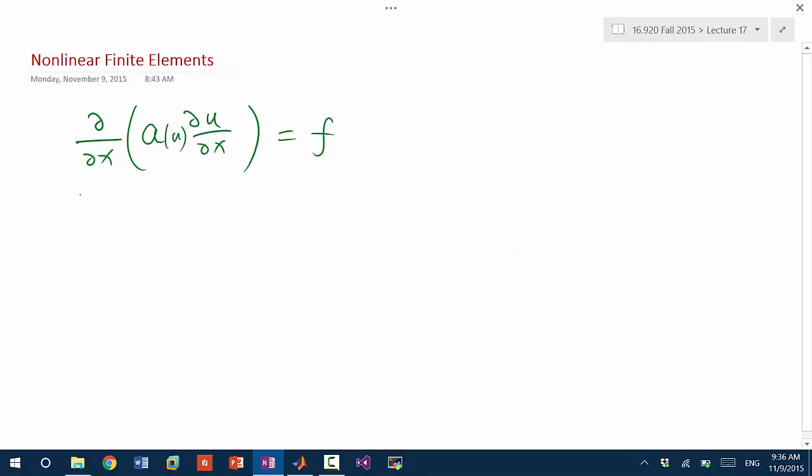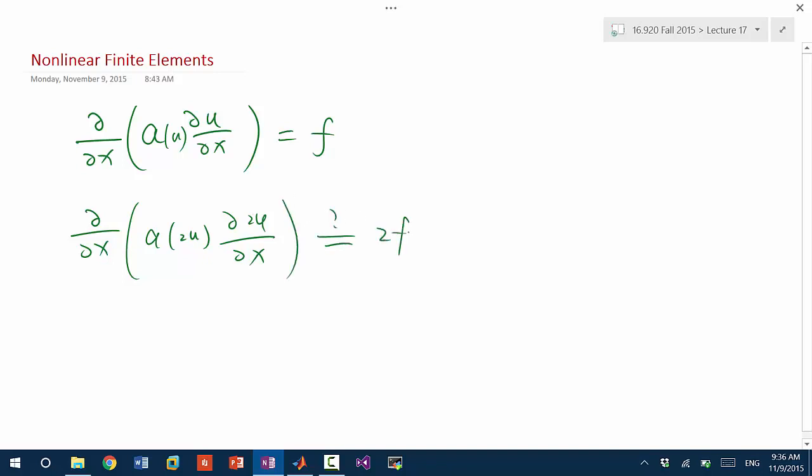It doesn't satisfy because if we have a constant alpha, or let's say just 2, if u satisfies the solution, if I plug in 2u, if I plug in a of 2u times partial 2u partial x, does it equal 2f? It doesn't, right?